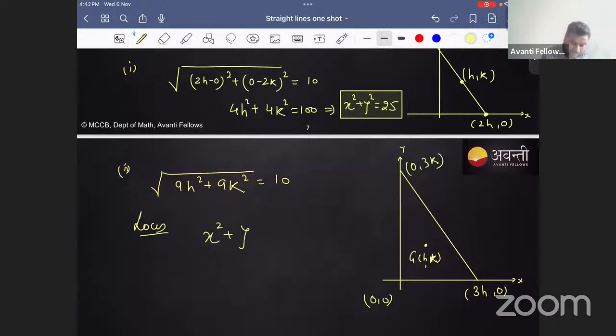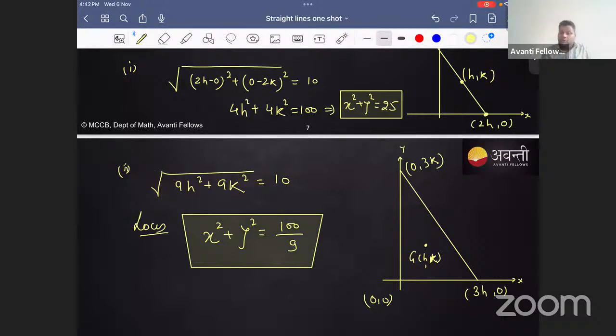Locus is x square plus y square equals 100 upon 9. Am I clear? Correct?